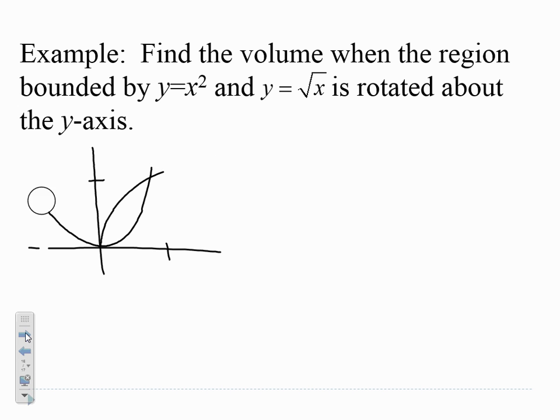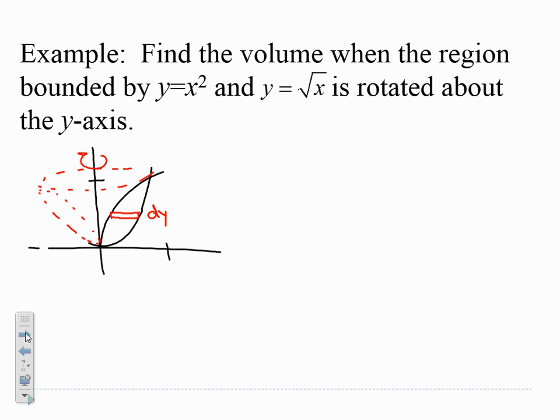Okay, so we're talking about this piece in quadrant 1, and we want to rotate it about the y-axis to get something like that. Okay, and if we want discs, or in this case washers, we need a horizontal rectangle. What's the thickness of that rectangle? dy.